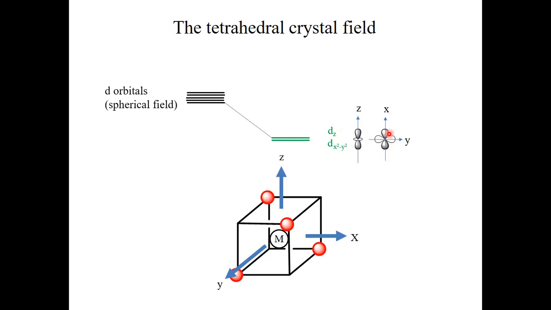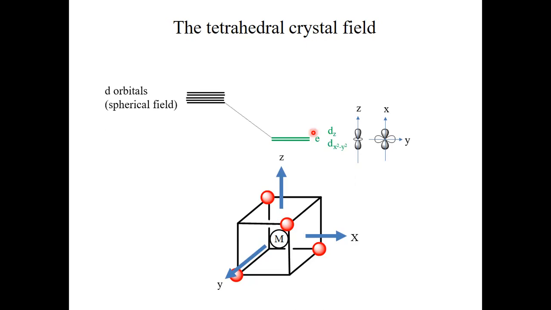A tetrahedron belongs to the point group Td, and within it, the dz square and the dx square minus y square orbitals are doubly degenerate, and they both have the symmetry type E. So again, we can apply the principle that when two orbitals are degenerate in symmetry, they are also degenerate in energy, which explains why they have the same energy, despite their very different shapes.